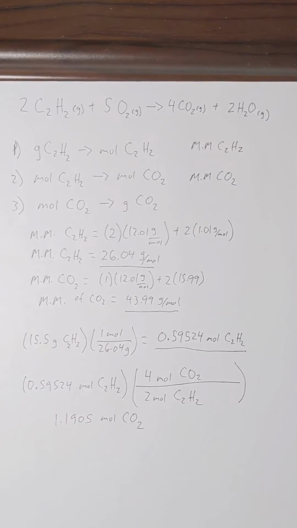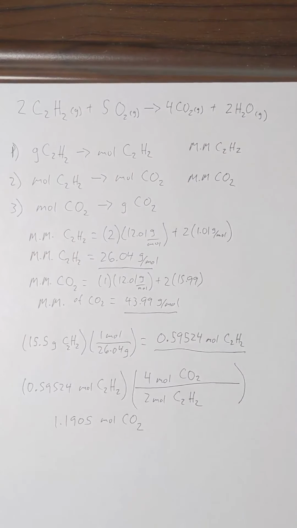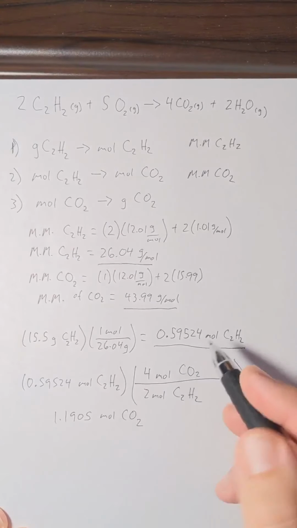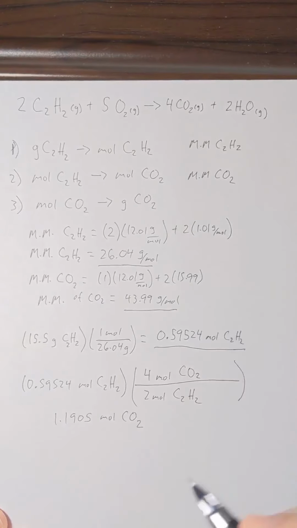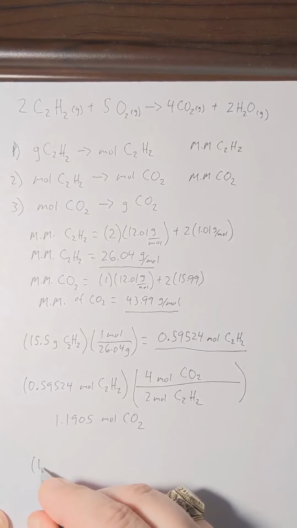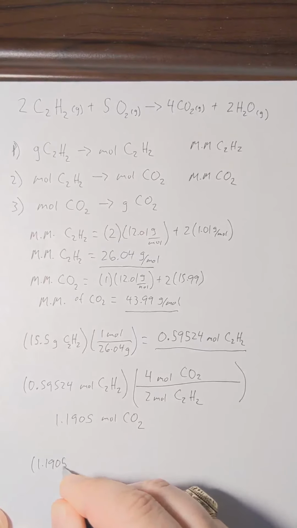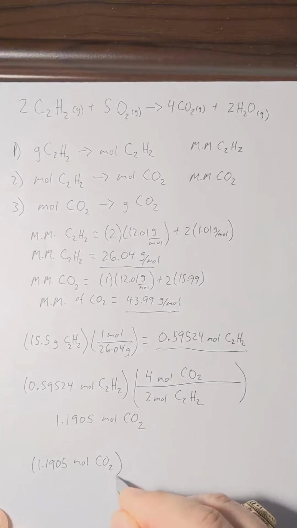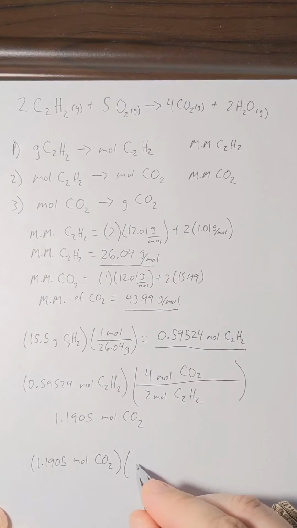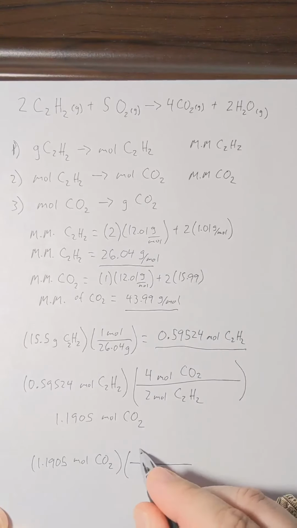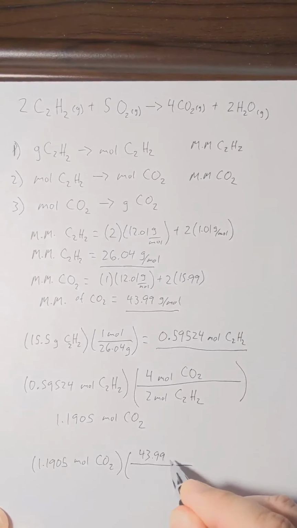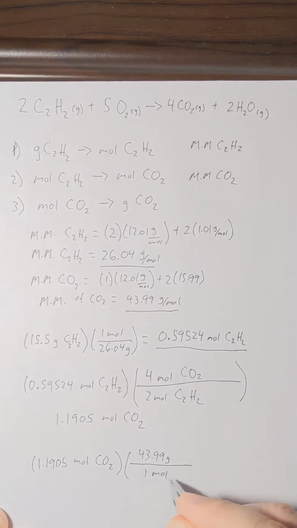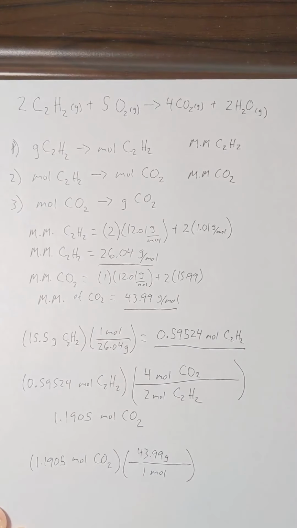So the last thing we have is to take care of step 3 to figure out our grams of CO2. And in order to do that, we'll use the molar mass of CO2 that we found earlier. So 1.1905 moles of CO2, and we want to get rid of the moles, so this time we'll have 43.99 grams in the numerator, and 1 mole will be in the denominator.